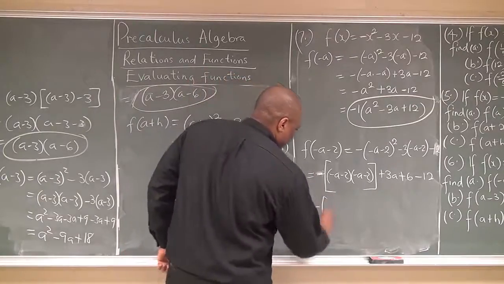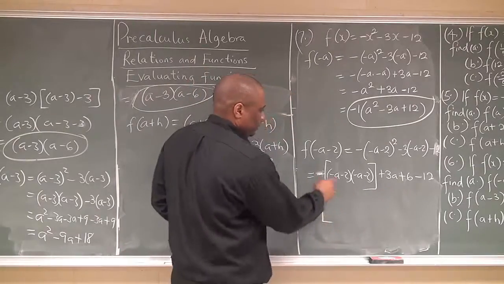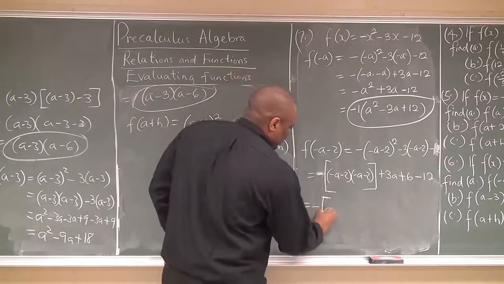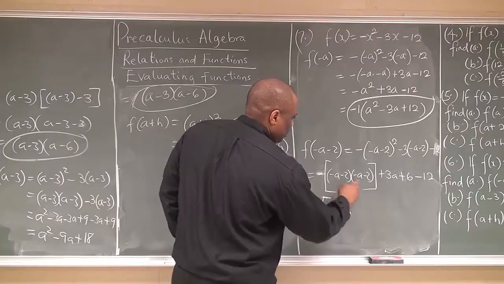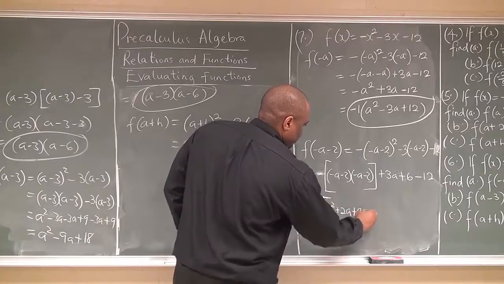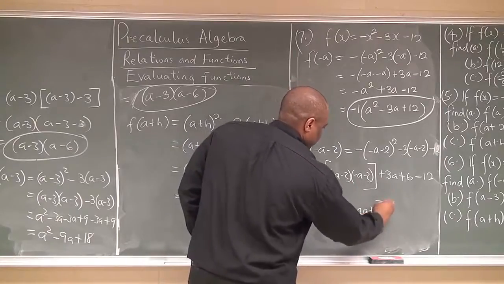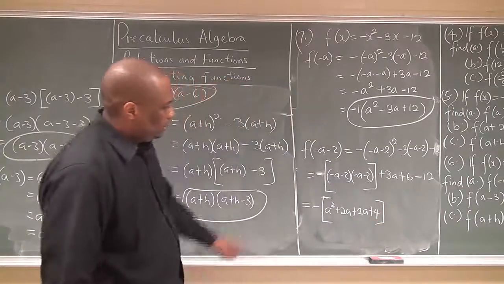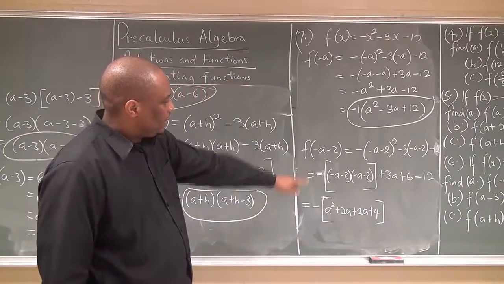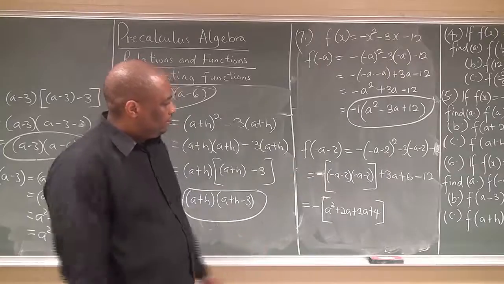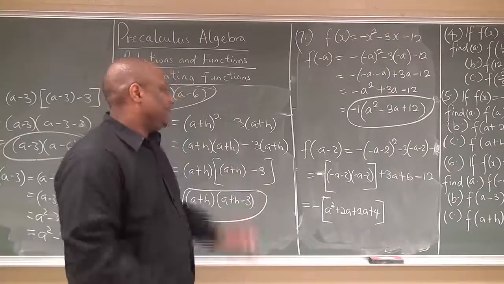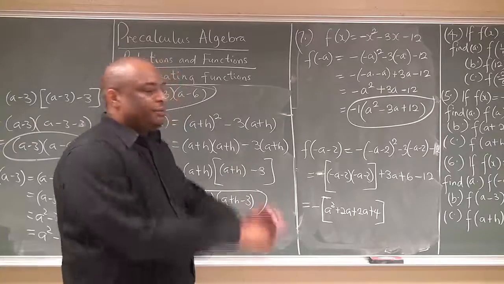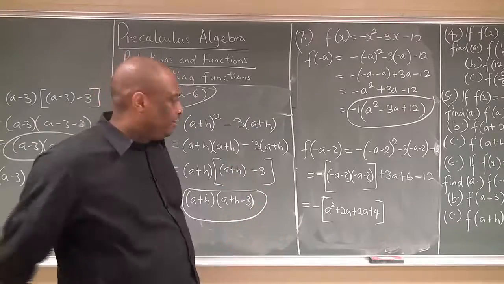This will be negative, I put my bracket, negative a times negative a is a squared plus 2a, right, plus 2a plus 4. You see that? A squared, then negative a times negative 2 is plus 2a, negative 2 times negative a is plus 2a, negative 2 times negative 2 is 4.